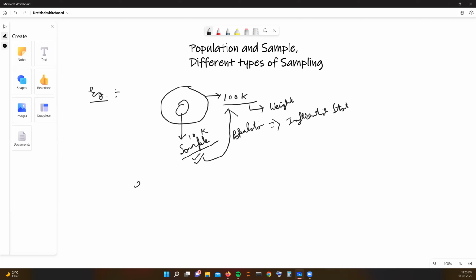Another example is exit polls in elections. After elections, the media or news channel people go to the polling centers and discuss with the people whom they have voted for, and from the data collected, they get a poll or a decision on which party is going to win.